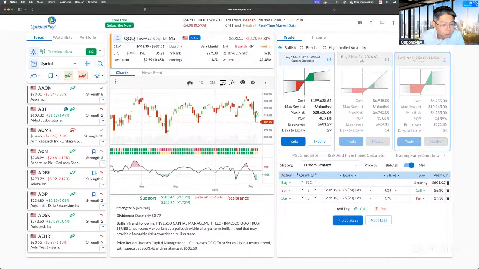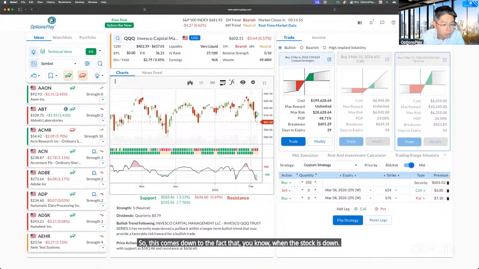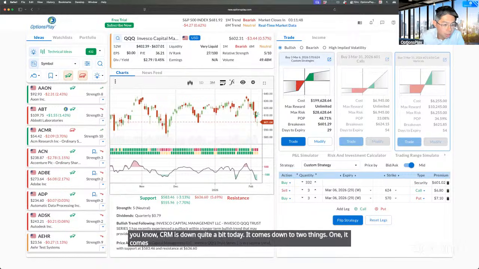Jeff, good question. So this comes down to the fact that CRM is down quite a bit today. It comes down to two things. One, it's actually Gamma that's producing the larger gain on the put side than what you're losing on the stock side.